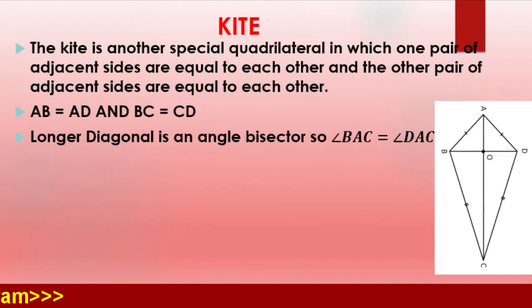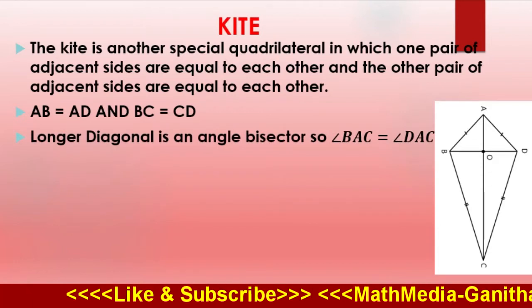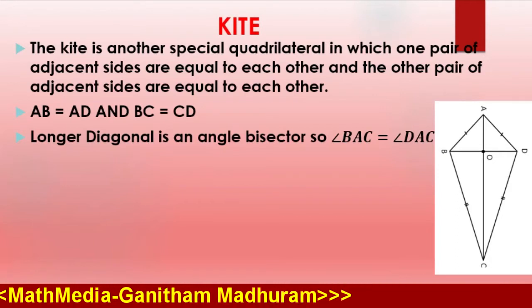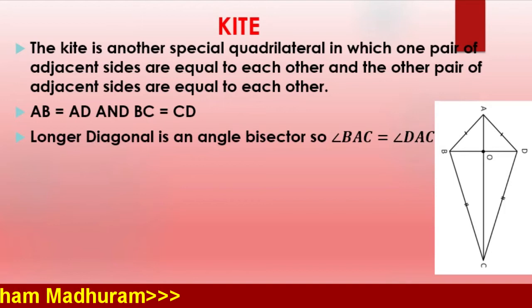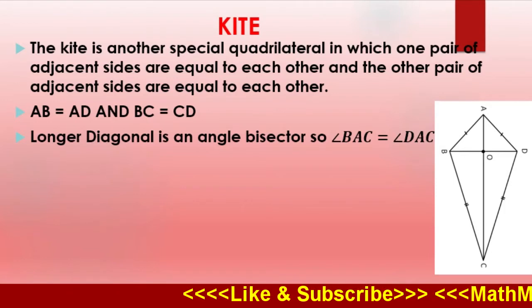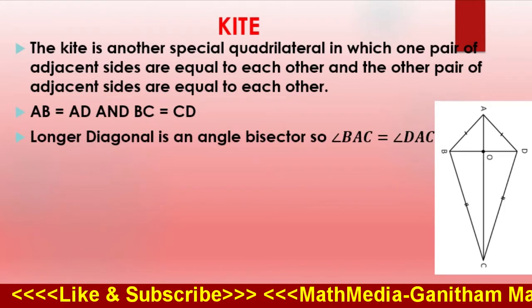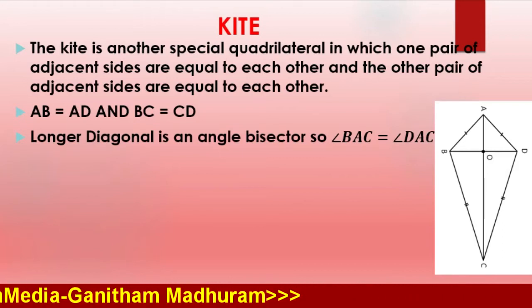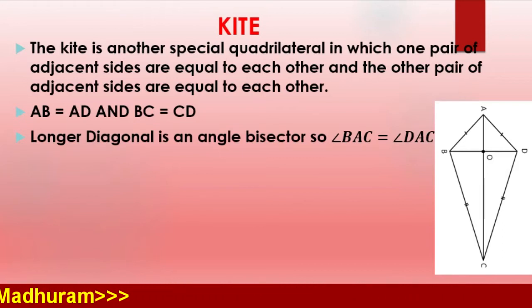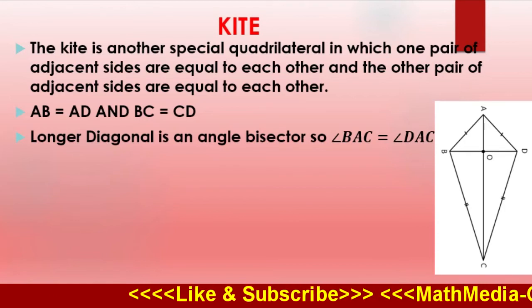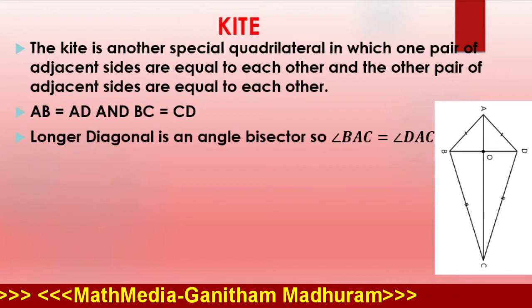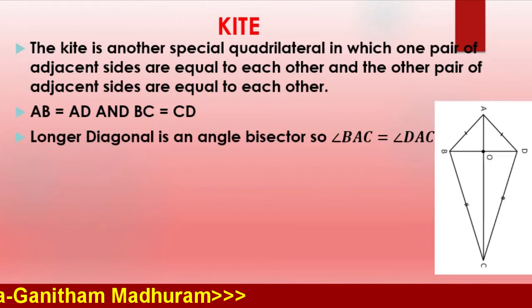And you know that in a quadrilateral there are two diagonals. Look at the figure of the kite. Here also we can see two diagonals, diagonal AC and BD. Out of these two diagonals, in the case of a kite, one diagonal is longer and the other diagonal is shorter. The property of the diagonals of a kite is that the longer diagonal is an angle bisector.